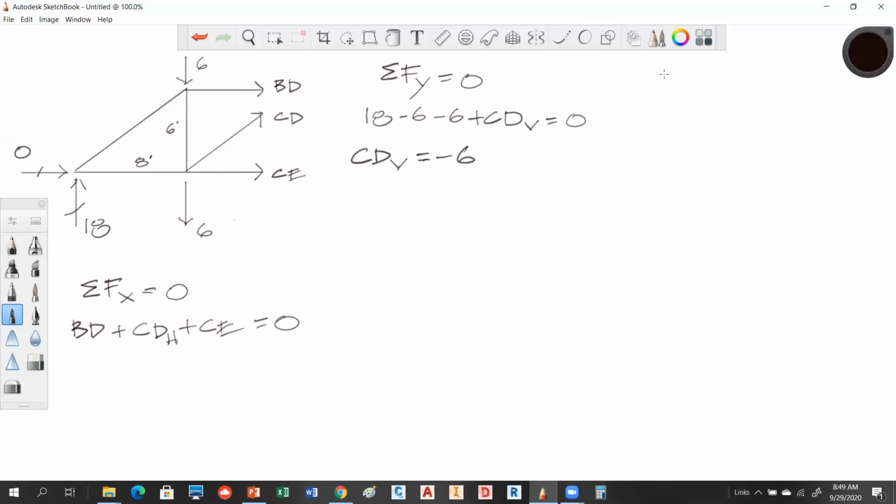So we can write an equation over here. CD horizontal is to 8 feet as negative 6, in other words compression, is to 6 feet. So when we solve this relationship, what are we going to get?